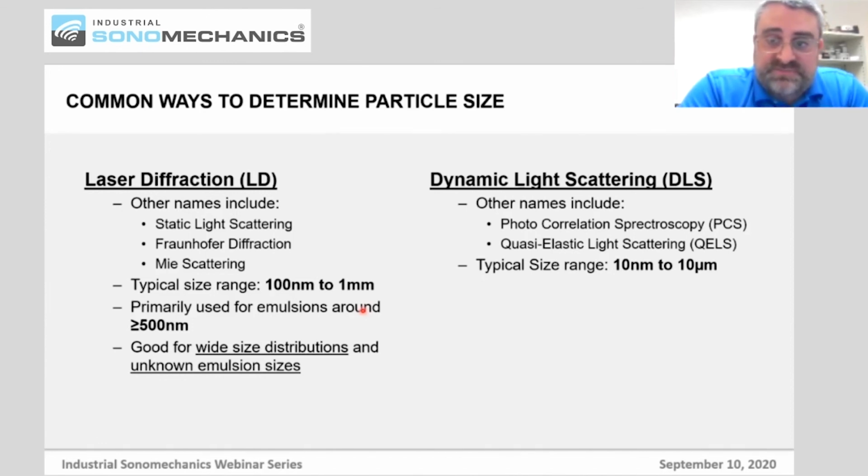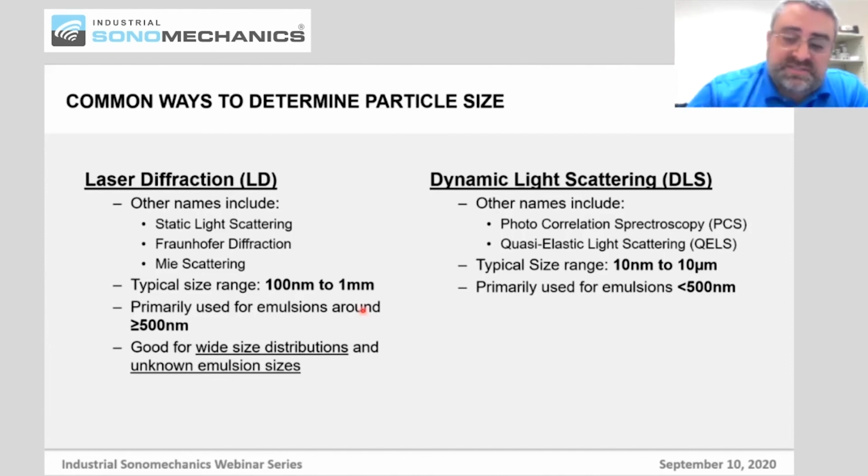It's primarily used for emulsions less than 500 nanometers. Again, the range 10 nanometers to 10 microns, just like laser diffraction, depends on the engineering of the instrument and the detection system, light source and things like that. You can probably get a little bit lower. I'm not too sure about getting a little bit higher than 10 microns, but I'll explain that in a few minutes.